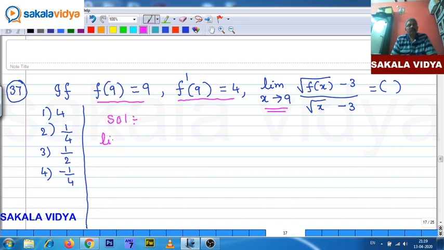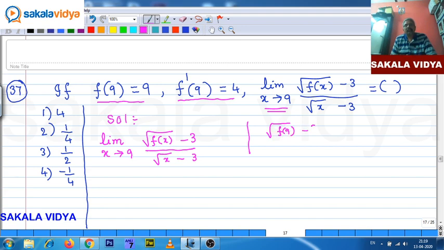First substitute the limit: root f of 9 minus 3 upon root 9 minus 3. f of 9 is 9, root 9 is 3, so 3 minus 3 by 3 minus 3, 0 by 0 form. 0 by 0 form is an indeterminate form.